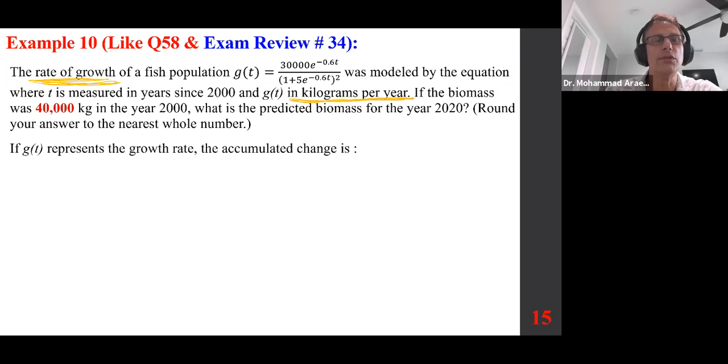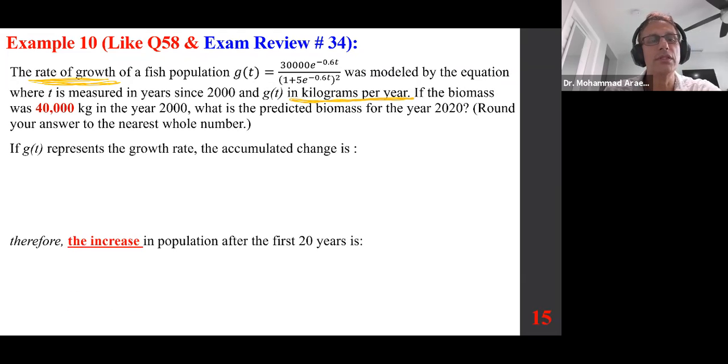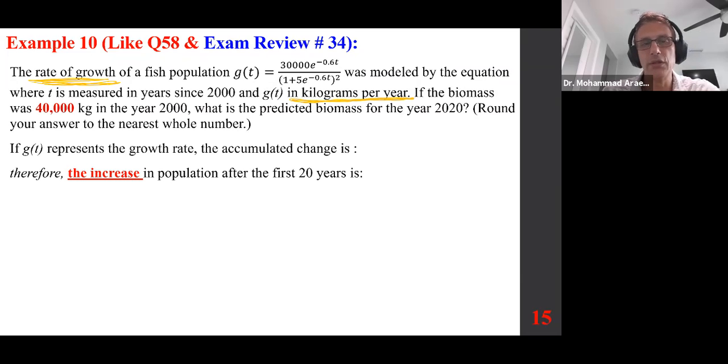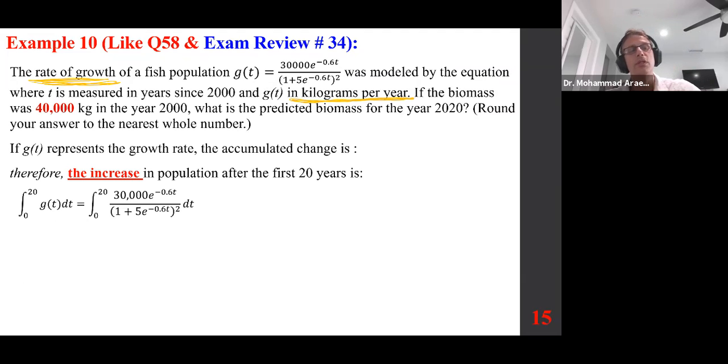So G of t represents the growth rate, the accumulated change, therefore, is the amount of increase over the course of 20 years by using the integration formulas as follows. The integral from 0 to 20 of G of t dt. We've seen the same type of problem, but we didn't have to do it by substitution before.